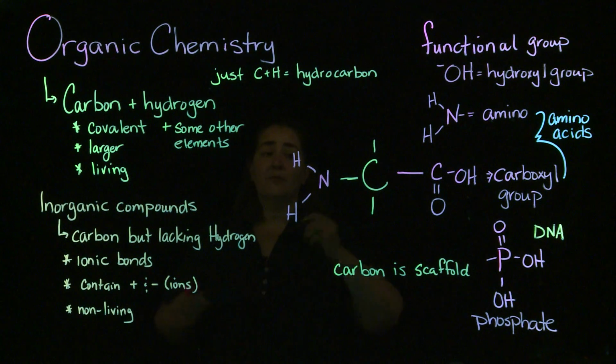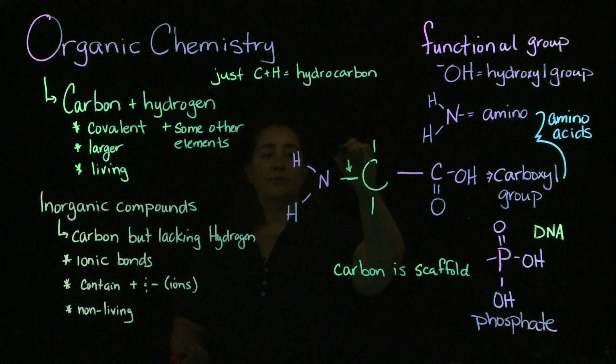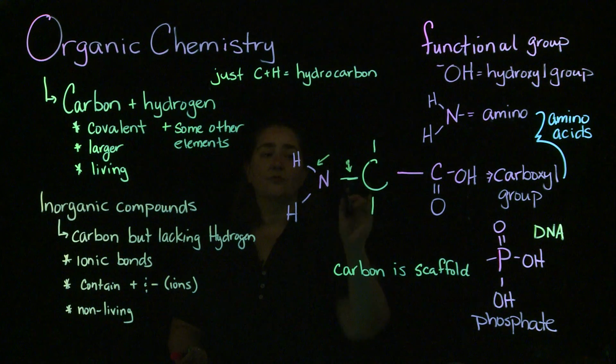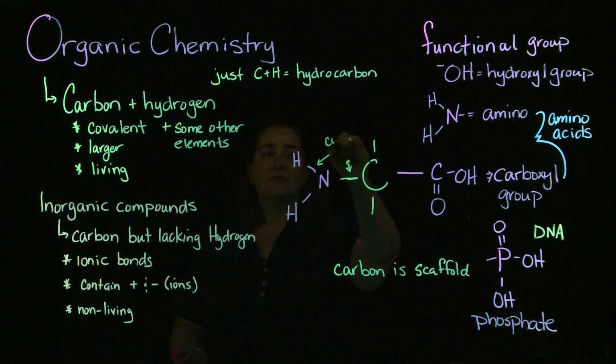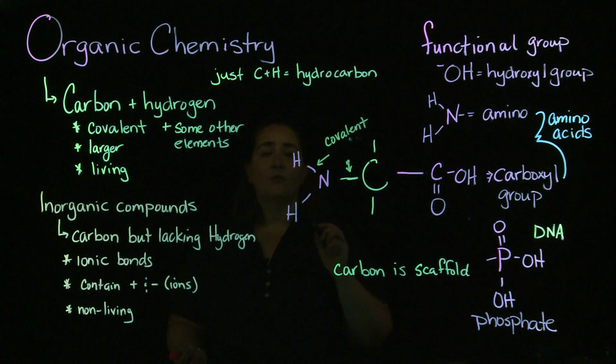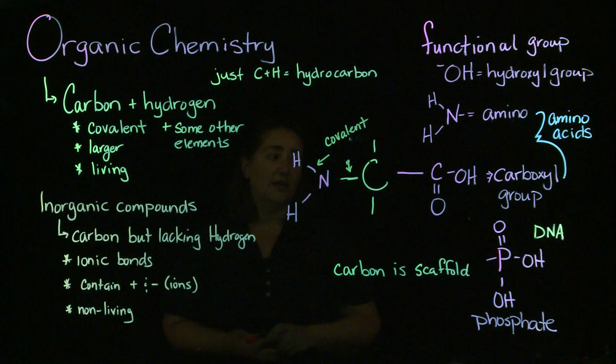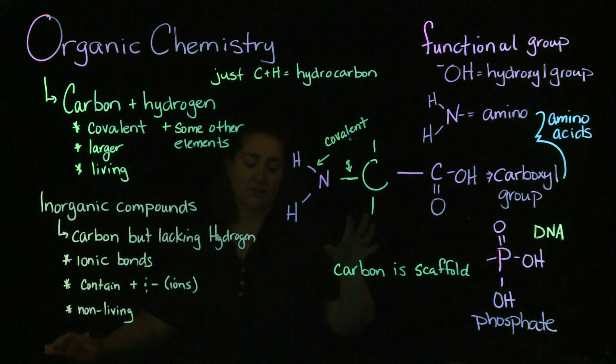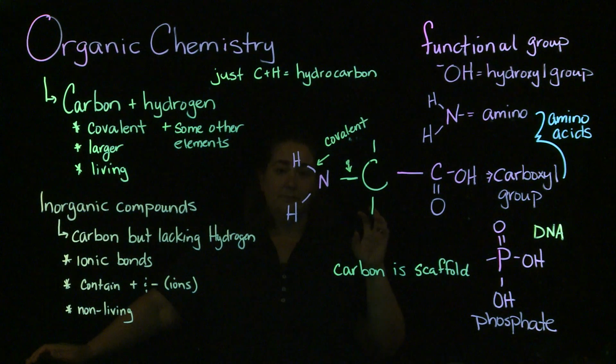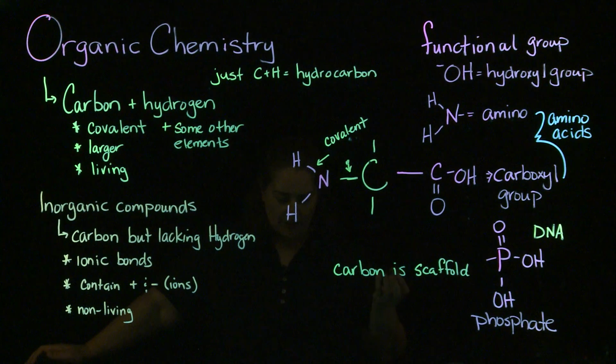The thing to remember here is these bonds, whether I drew them in pink or whether I drew them in green, it doesn't matter. Each of them is a covalent bond, okay? So our organic compounds are going to be held together by covalent bonds. So these are some of the main functional groups. I think your textbook has a couple others. There might be a methyl group in there, our carbonyl group.